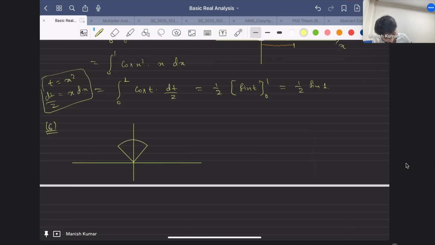So this is part of a circle, a circular arc, so the radius is 1. This is 0 comma 1, and these are the lines y equals x, and y equals minus x. So now you have to find the area of this region.